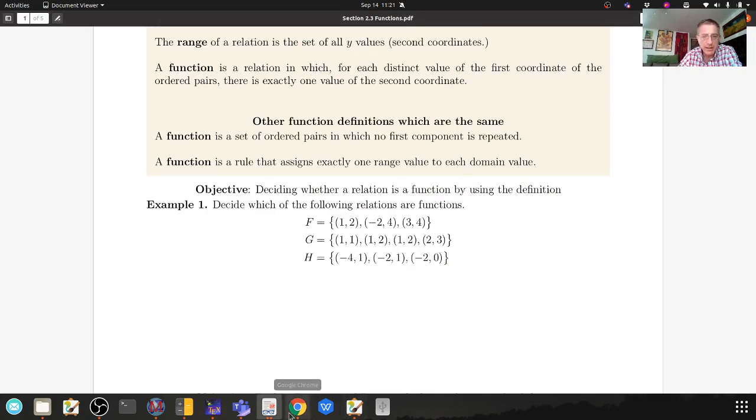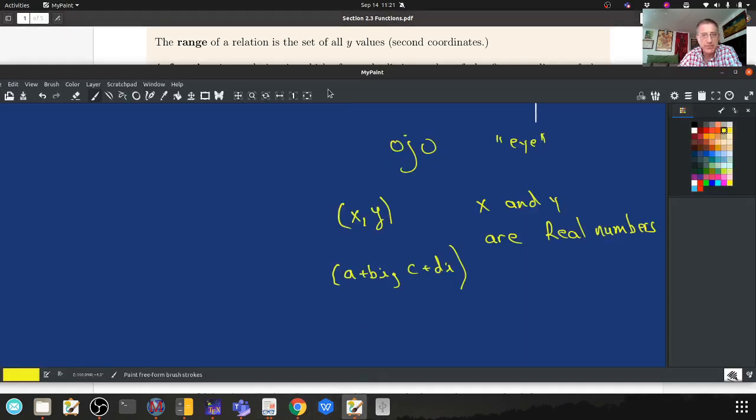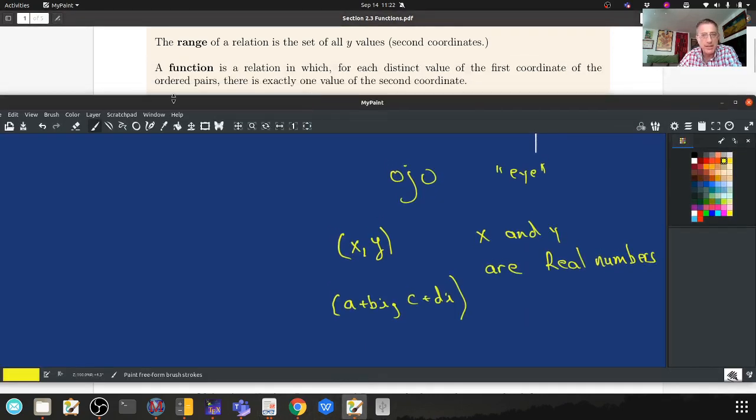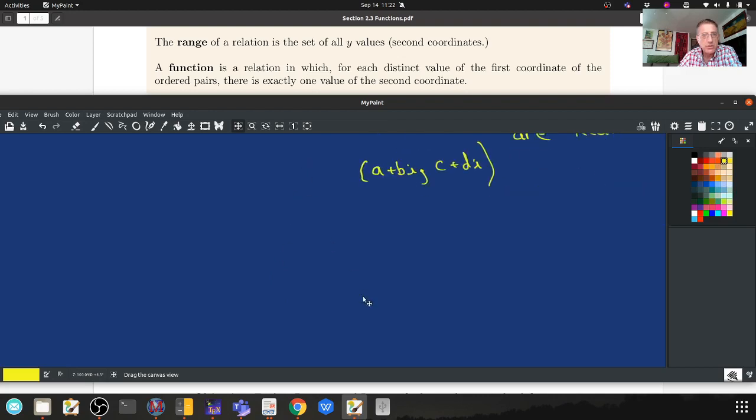So here is the next question. Let's just go on down the list. So I start out with a bunch of definitions. So a function now is a special type of a relation. Just like a cow is a special type of a mammal, and a mammal is a special type of an animal.